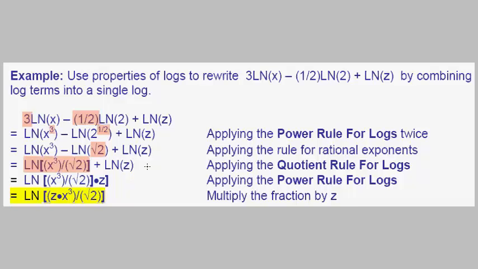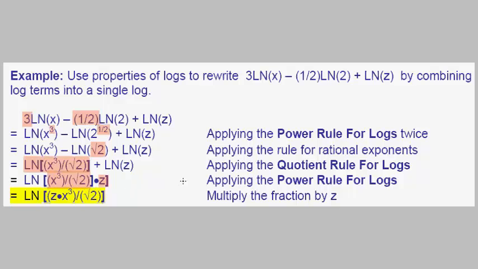In the next step, however, we apply the product rule. We have the natural log of this quotient plus the natural log of z by the product rule that says log of u plus log of v equals log of the quantity u times v. We can combine those two and we get the natural log of x cubed over square root of 2 times z.